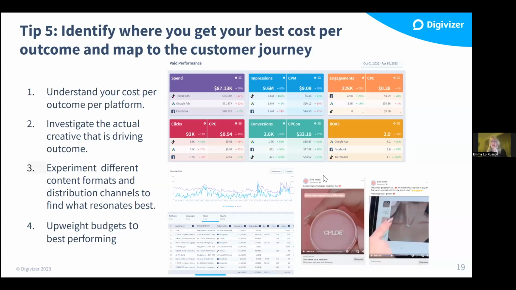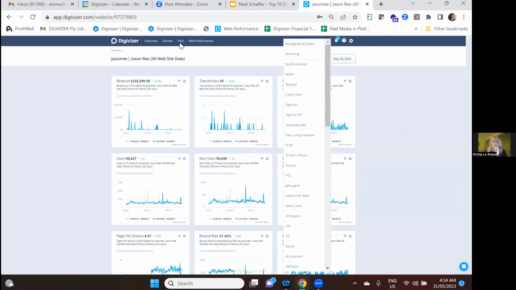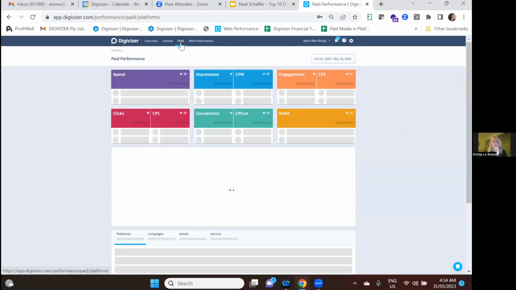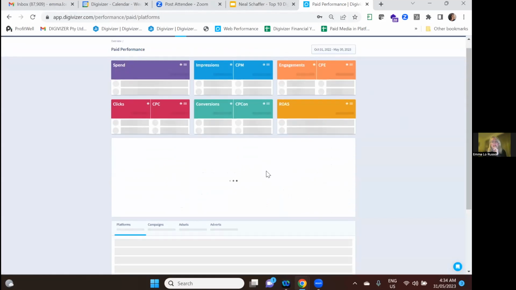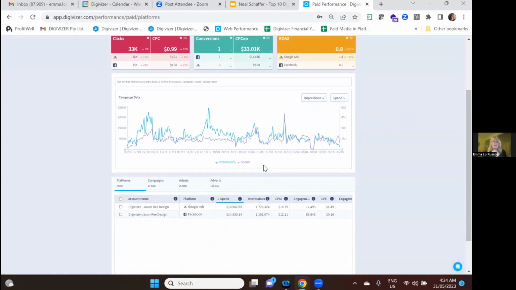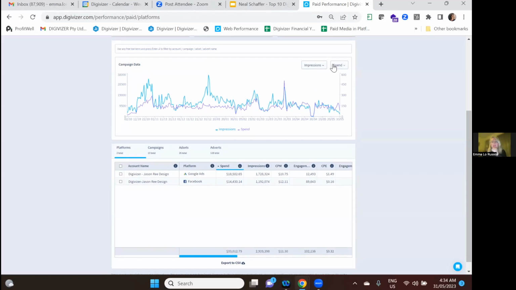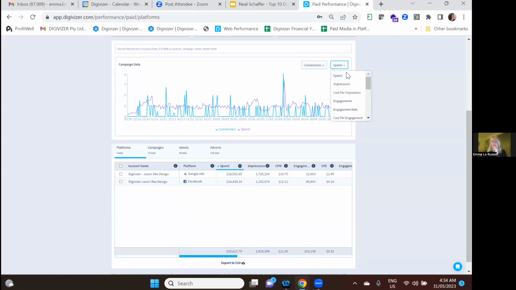So in that particular example, or even in this particular example, so I'm going to paid. So I can look comparatively, but what's more important, apart from, I mean, I've got the ability to look at, say, conversions against spend and what that trend looks like over time, or conversions against clicks.